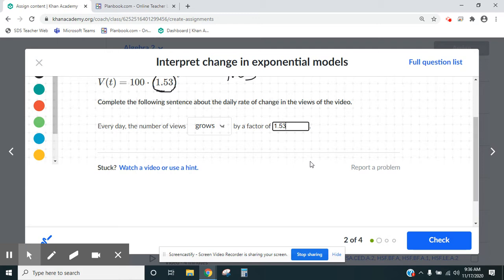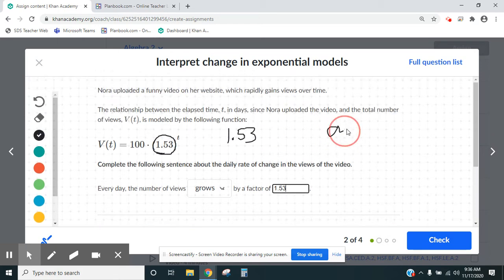Now if this was the other question and it said adds or subtracts, we would say adds 53%. When they use this language, by a factor of, and this is key for the whole unit that we're about to begin, it just wants that number that's in the parentheses. 1.53.